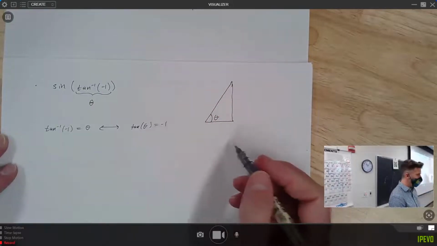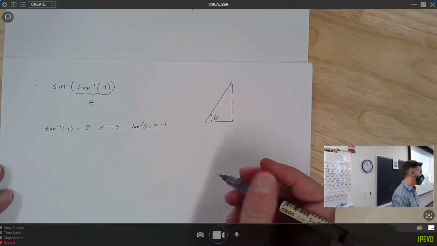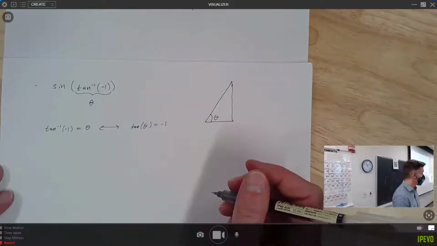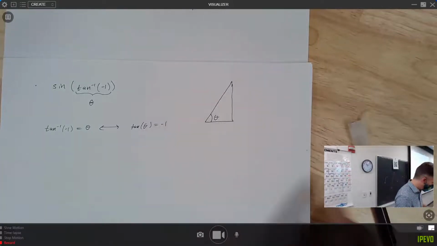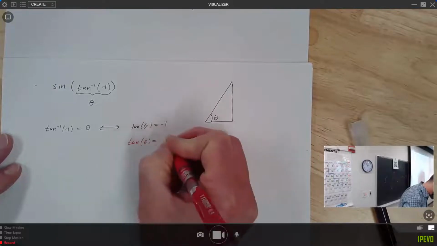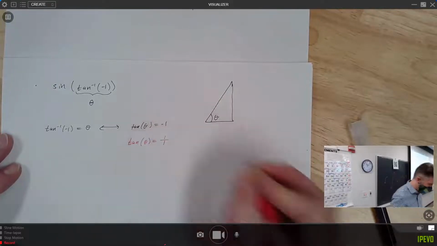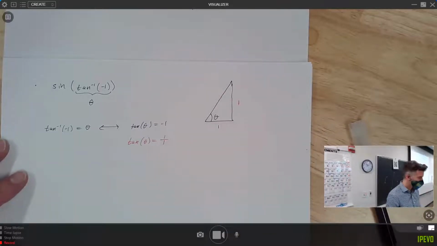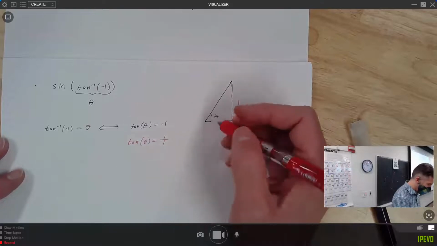If tangent is equal to -1, the negative is an issue here. I'm going to ignore it. So ignore this negative for a second, and I'm just going to say tangent of theta is equal to +1, which is 1/1. I know I didn't draw this to scale. Clearly those sides should be the same length, but they're not. Let's find the hypotenuse.